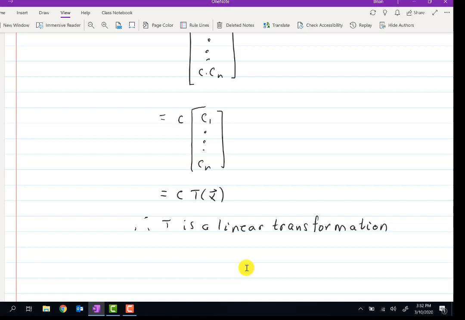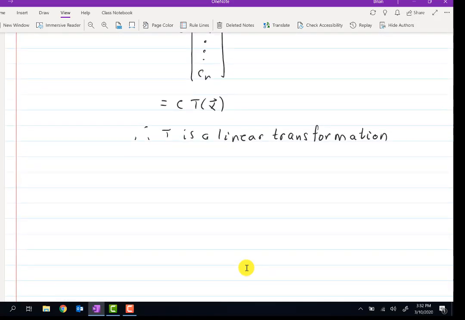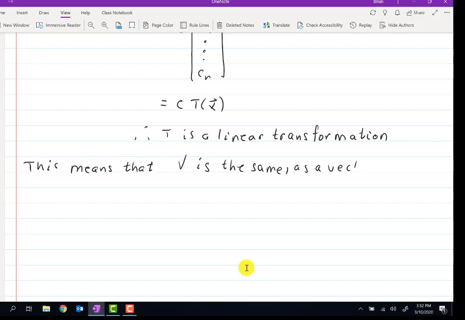What this means is that V is the same as a vector space as R to the n.